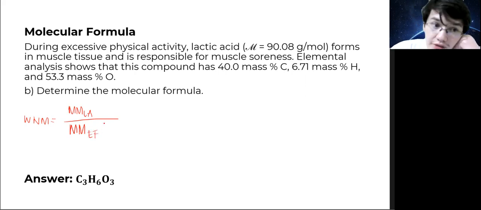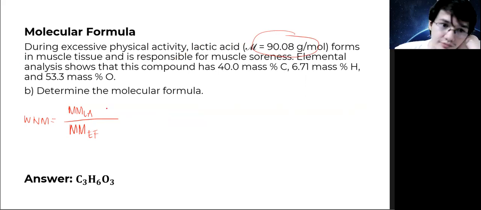So basically that is the formula for the whole number multiple. Usually for problems, we are already given the molar mass of the substance. So that is always the numerator.